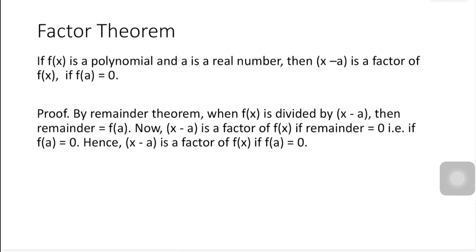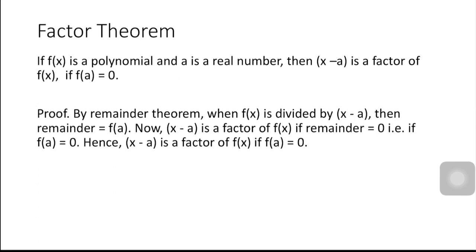The factor theorem is very similar to the remainder theorem. It says that if f(x) is a polynomial and a is a real number, then x minus a is a factor of f(x) if f(a) is equal to 0.